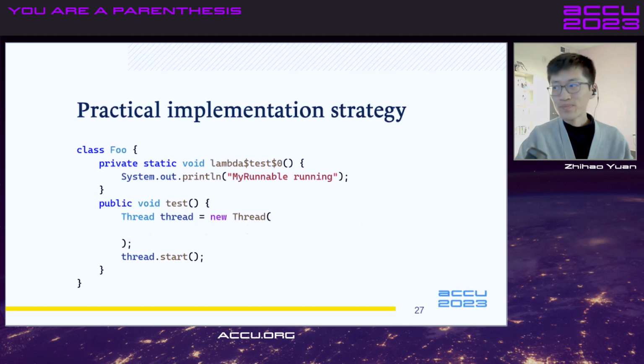And then in this example, we attach that static method to the class that owns the lexical scope where the lambda is being written. After that, we generate some call site object to invoke this static method.